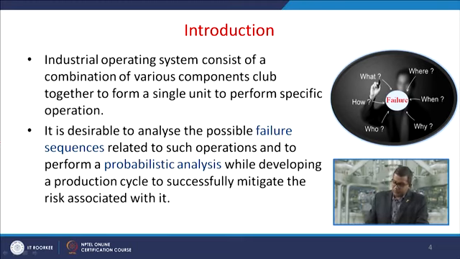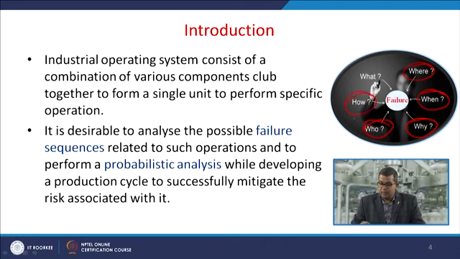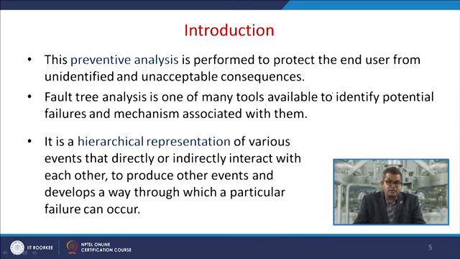So we need to carry out a failure analysis with these six words: where, when it happens, why, who was involved, how it happened, and what. Based on this type of sequential questions, you may perform these kinds of studies.